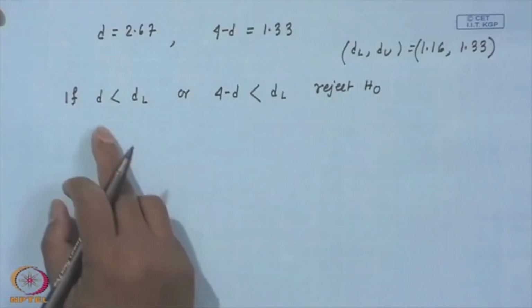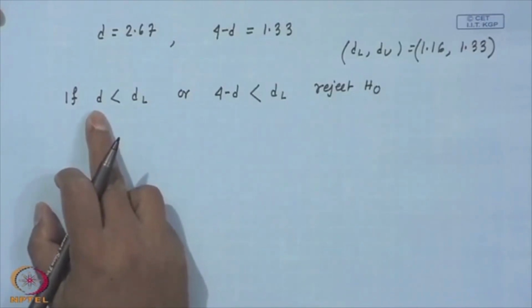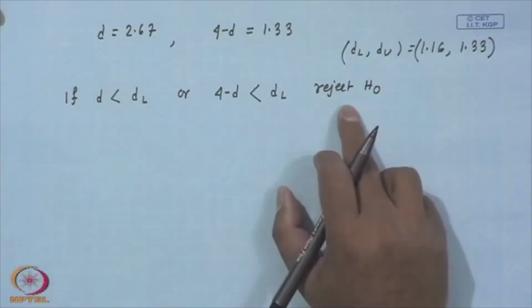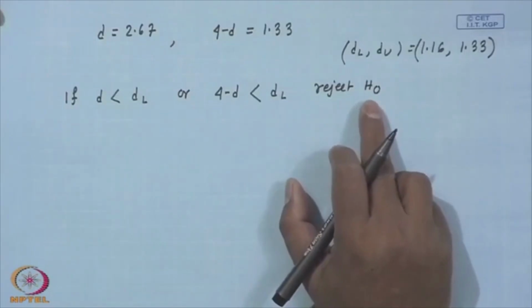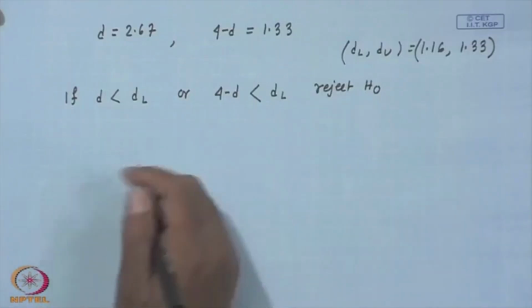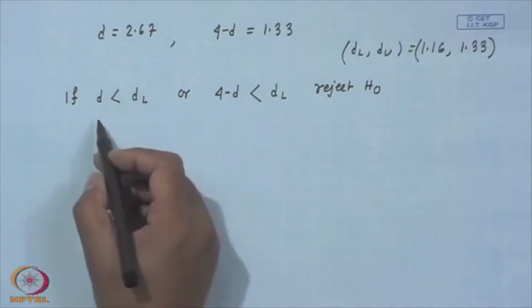That means if the Durbin-Watson test statistic is small, then you reject H naught. Rejecting H naught means there is autocorrelation. Okay. Let us see what this d value is.